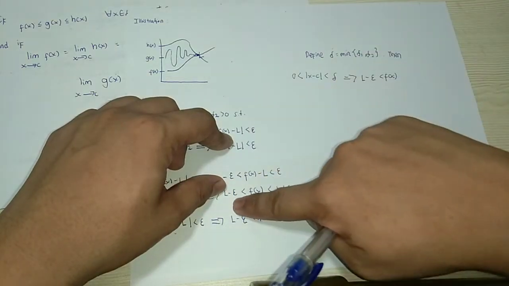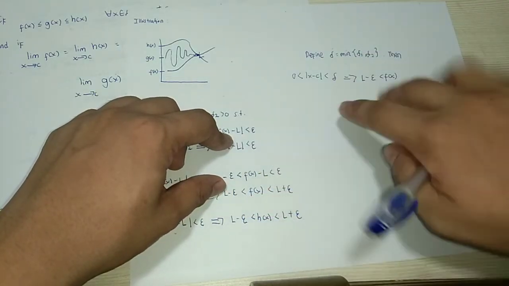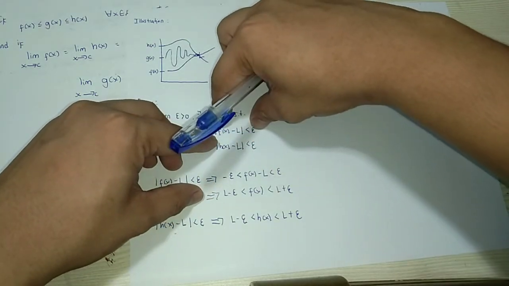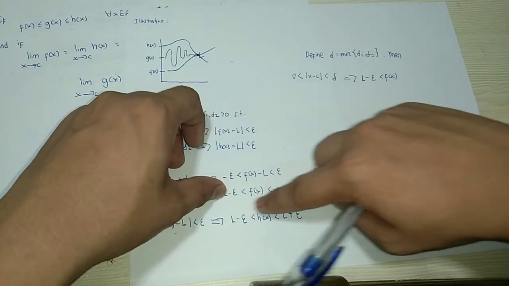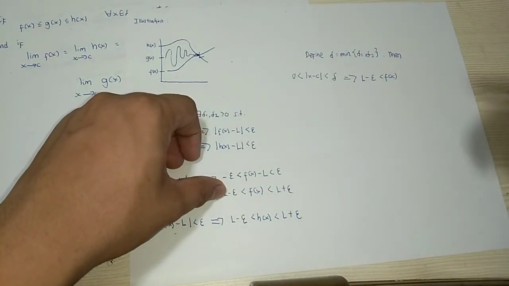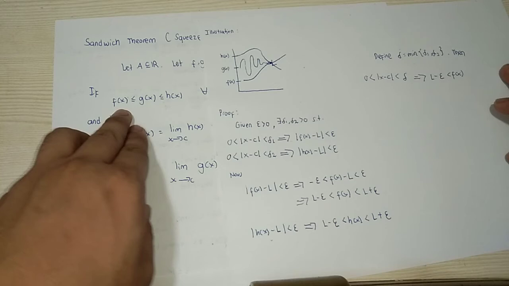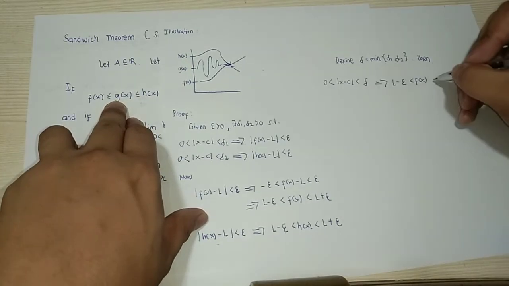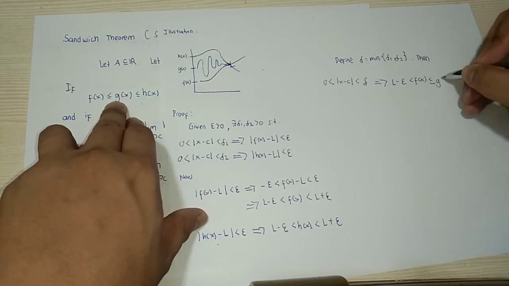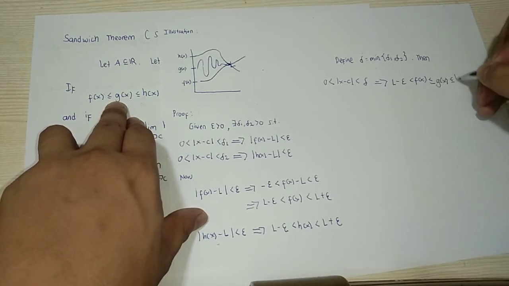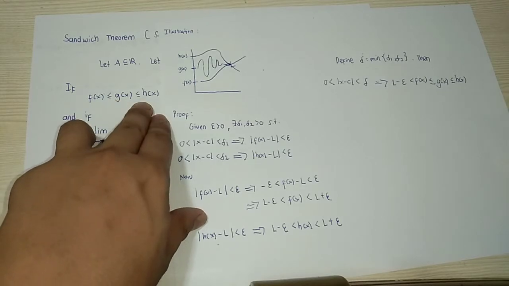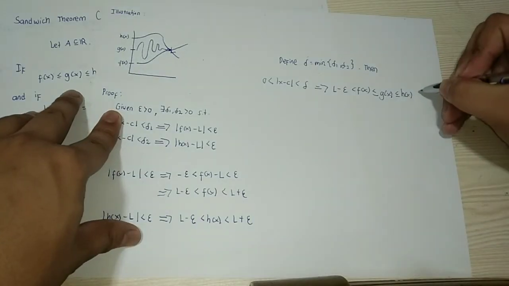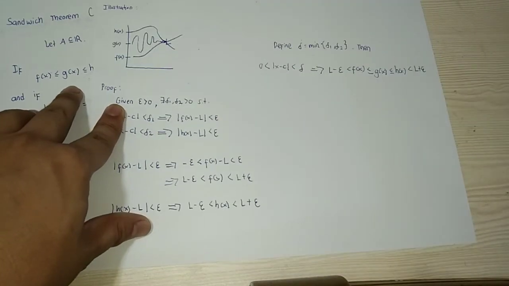So, according dito, yung L minus epsilon less than f of x, kasi ito implies ito. And take note, according sa ating definition, yung f of x daw ay less than or equal to g of x, less than or equal to g of x. And yung g of x ay less than or equal to h of x. Okay? And yung h of x daw ay less than L plus epsilon.